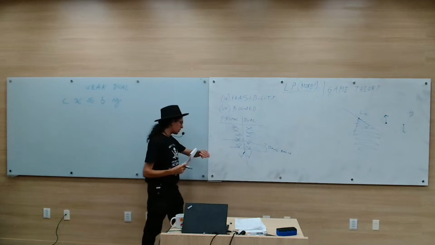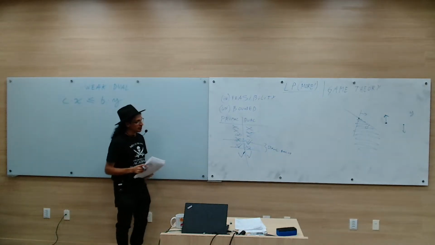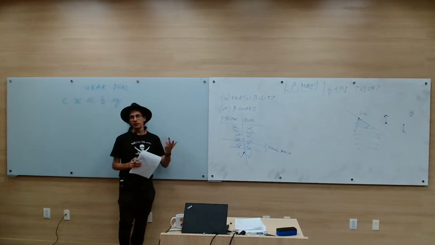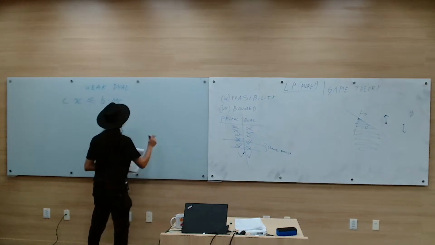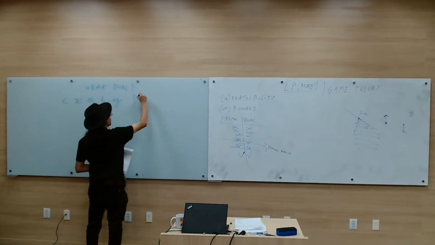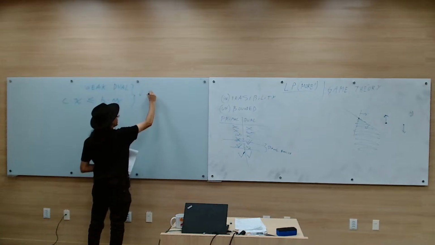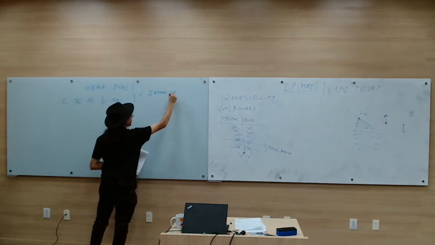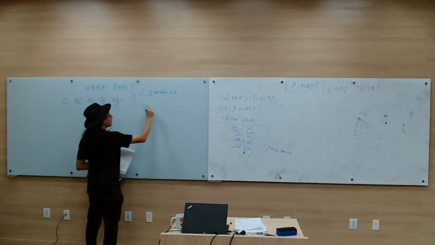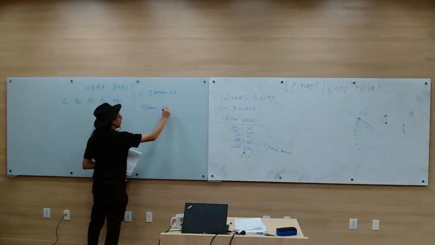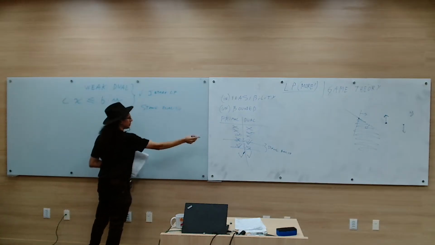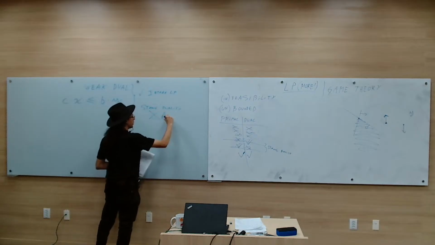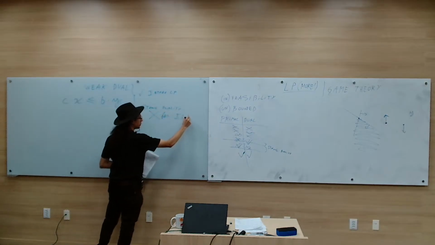I want to strongly emphasize that strong duality only holds for linear programming over the reals. Weak duality is also true for integer linear programming, but strong duality, the equality and these nice results, is false for integer linear programming.